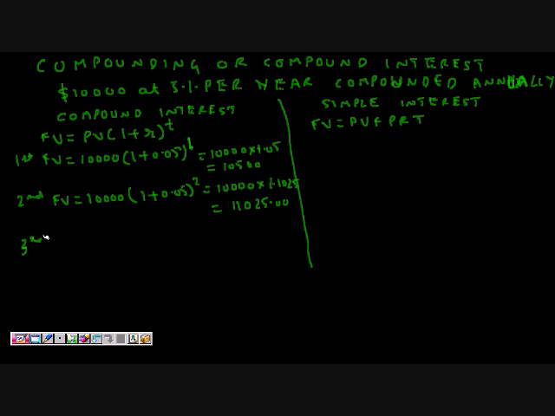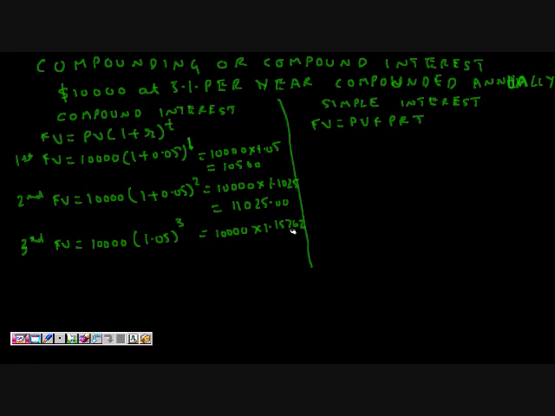Okay, third year, future value is equal to 10,000 into 1.05, 1 plus 0.05 is 1.05, raised to 3. So this is $10,000 into 1.15762. You probably need a calculator to calculate this. So 1.05 raised to 3 is 1.15762.